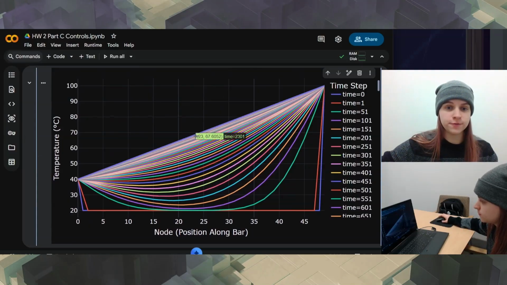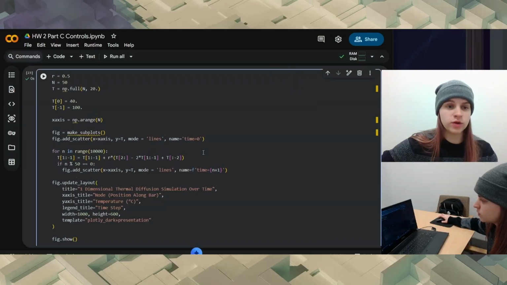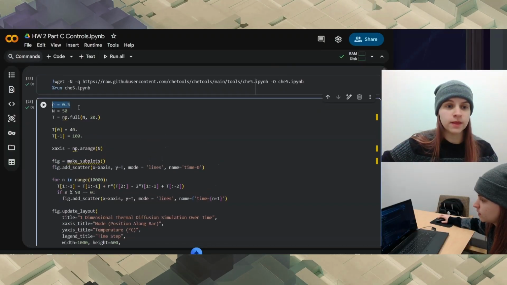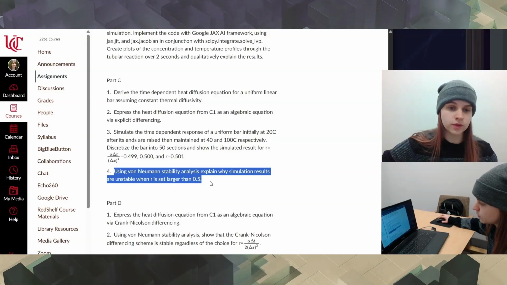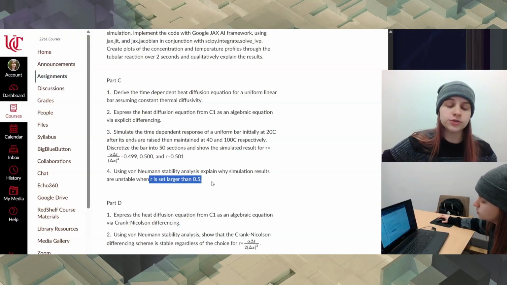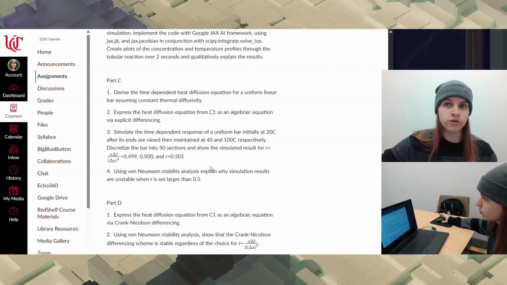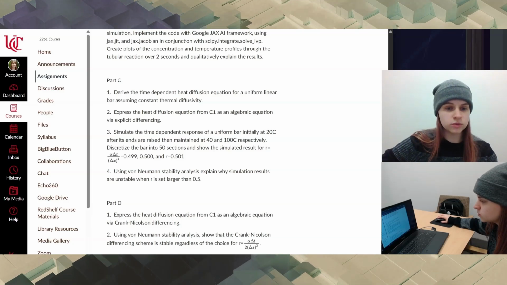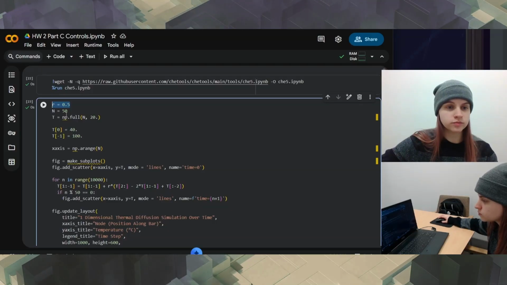As I said, this graph looks great. And this is when we have R set to 0.5. What we calculated by doing part 4 earlier was that R needed to be less than or equal to 1/2 in order for this simulation to be stable, due to the pure setup of it.